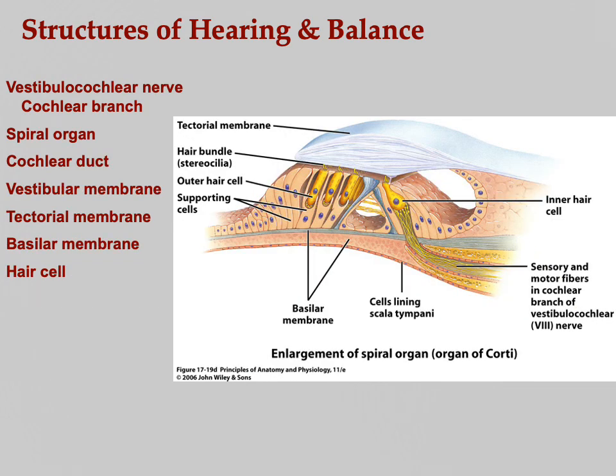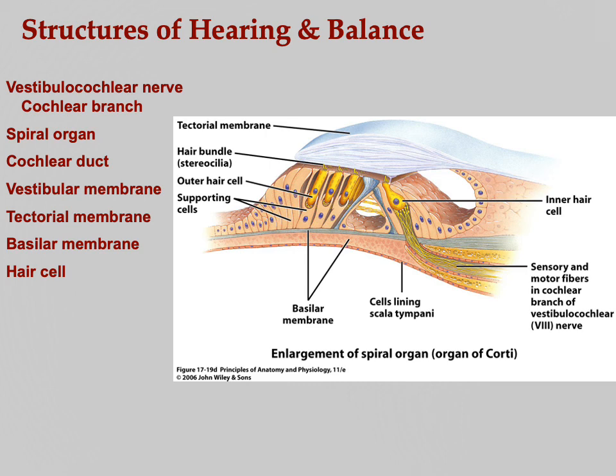So the basilar membrane, which is connected to the scala tympani. Once again, sound is nothing more than the movement of air. So the movement of air causes your tympanic membrane to vibrate. That vibrates the malleus, incus, and stapes, into the oval window, causes a wave of fluid to travel through the scala tympani. That in turn causes the basilar membrane to vibrate.